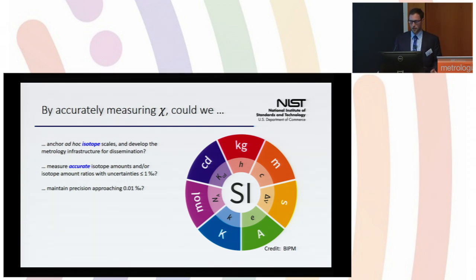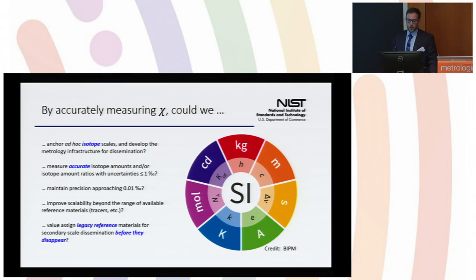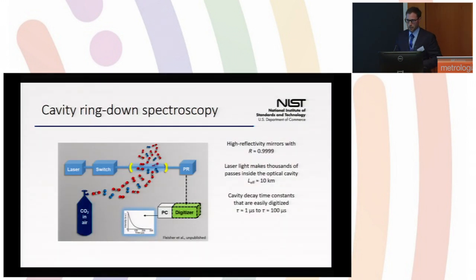What applications is that useful for? You know, can we improve scalability, as I showed in the previous plot, beyond the available range of reference materials? And then maybe is it of interest to truly value assign as a community these legacy reference materials, hopefully before they disappear? So our technique that we're using is cavity ring down spectroscopy.